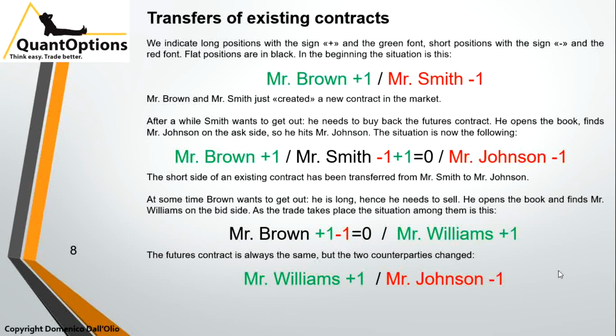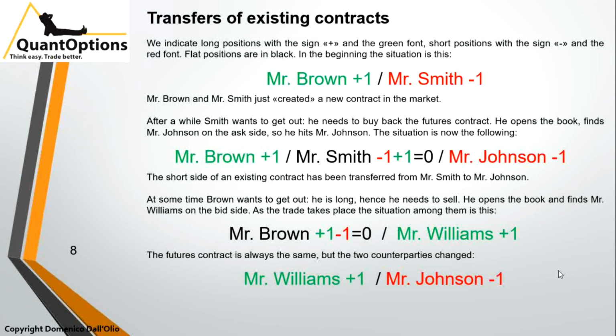Now, assume that at some time later on, Mr. Brown wants to get out. He is long, he needs to sell. He opens the book, finds Mr. Williams on the bid side. As the trade takes place, the situation among them is this. Mr. Brown is +1, -1, so he is now flat, 0.